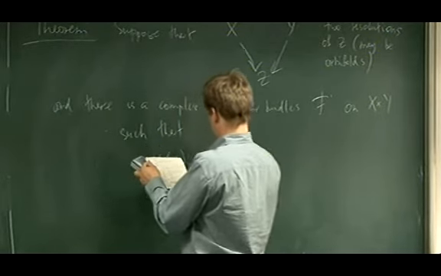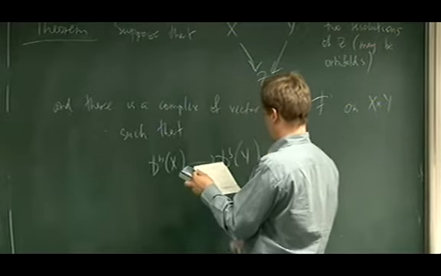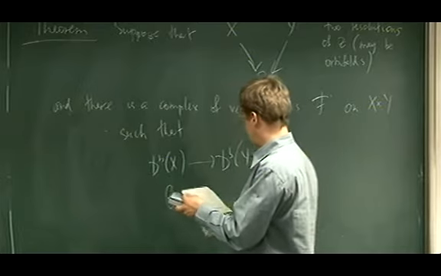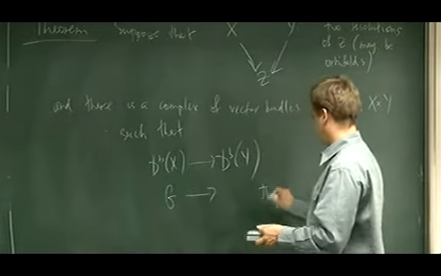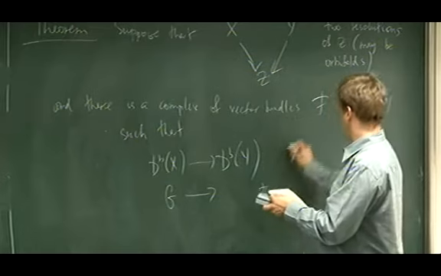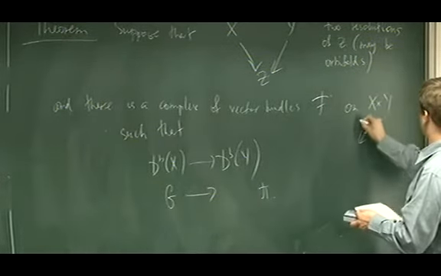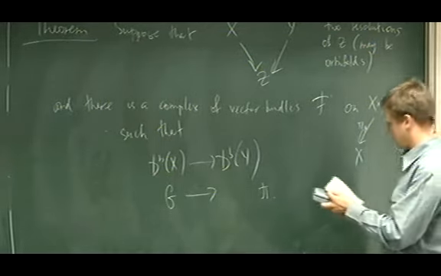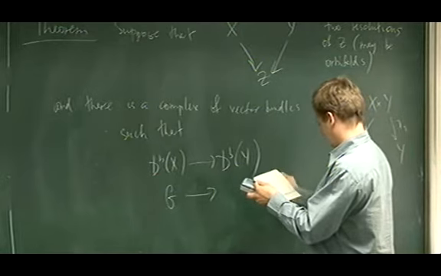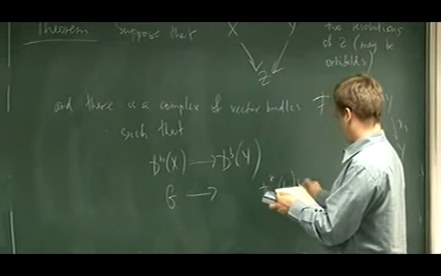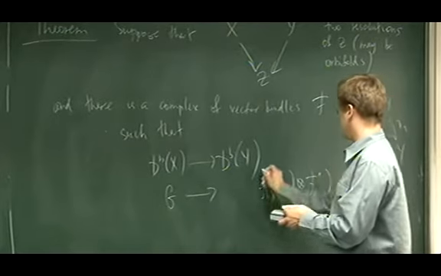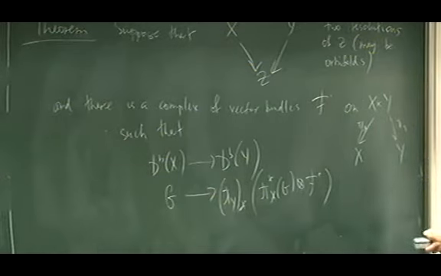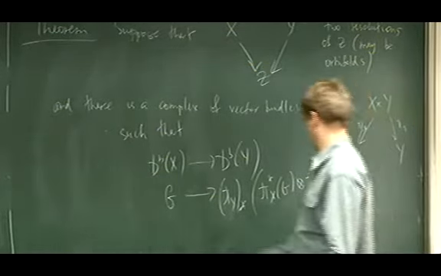the functor from D^b(X) to D^b(Y), one category into another, is obtained by first pulling back, so you have pi X going to X and pi Y going to Y. You pull back G, tensor it with the complex of vector bundles, and then take the direct image onto Y. And suppose this is an equivalence.